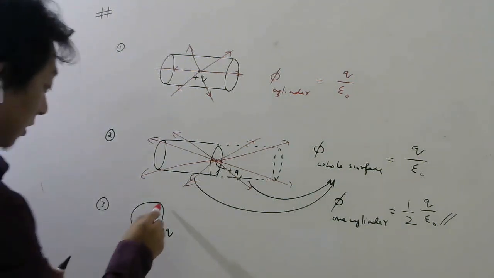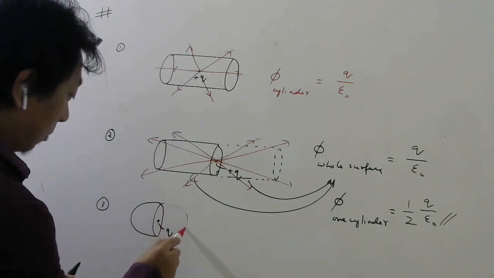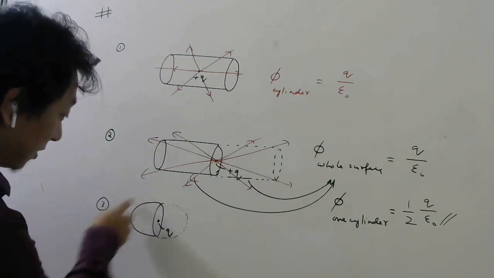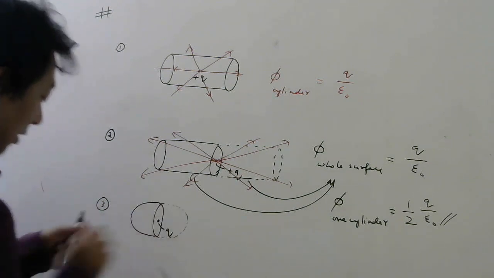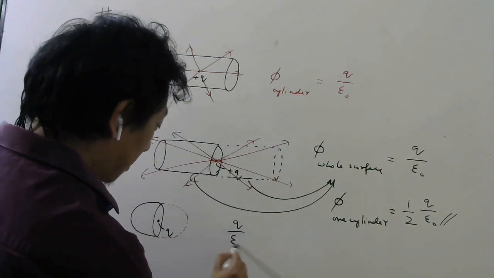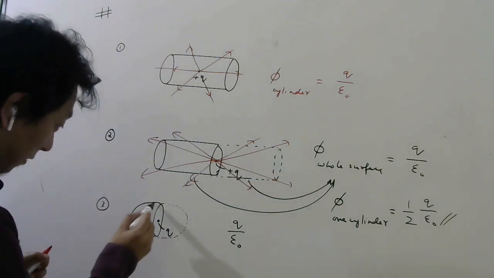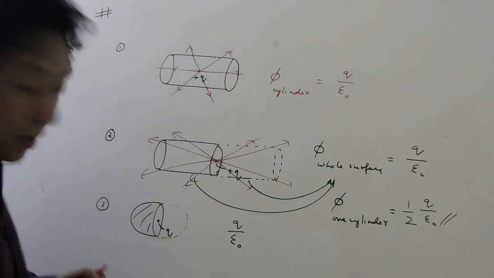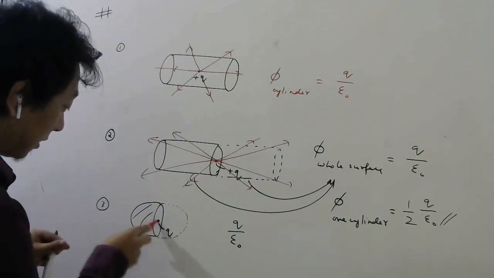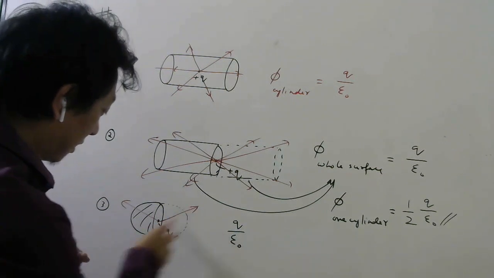So what will you do? Yourself, you make one more hemisphere this side. Now you see this is what kind of surface? Closed surface. So flux through this whole thing will be Q by epsilon naught. But you want flux through only this surface, and you can see this is in the middle. So as many lines will cut this surface, that many lines will cut this surface also.